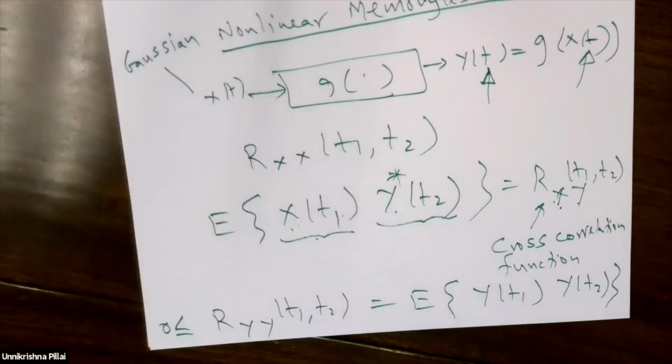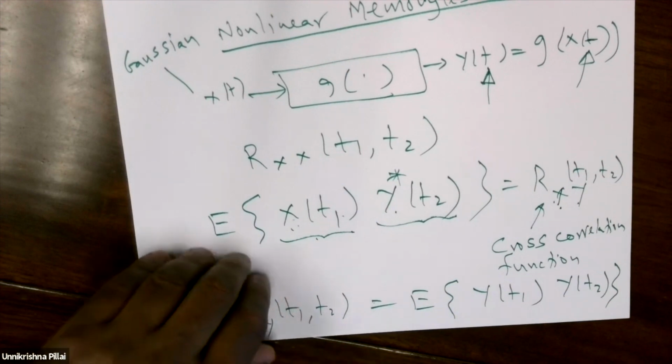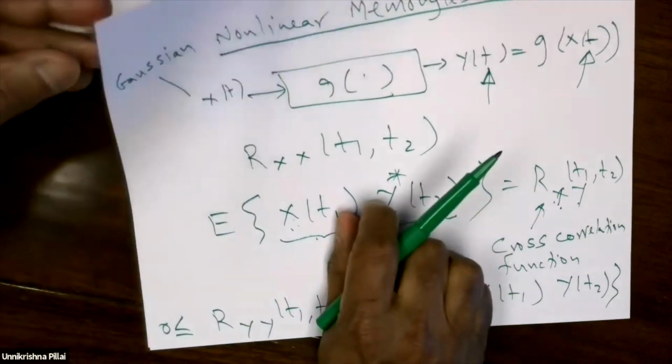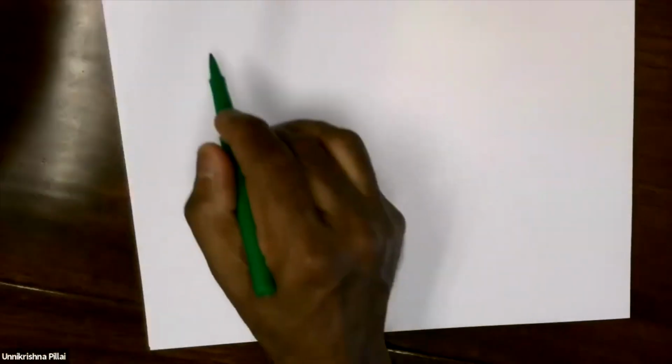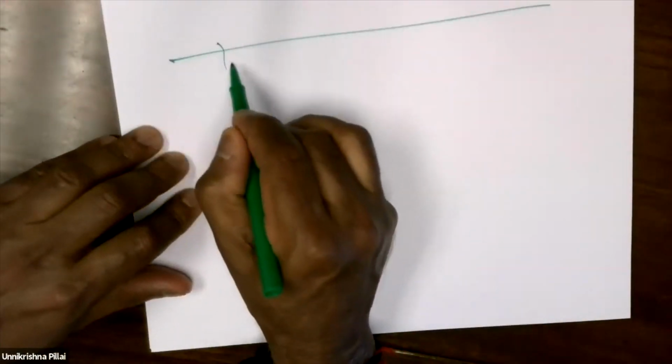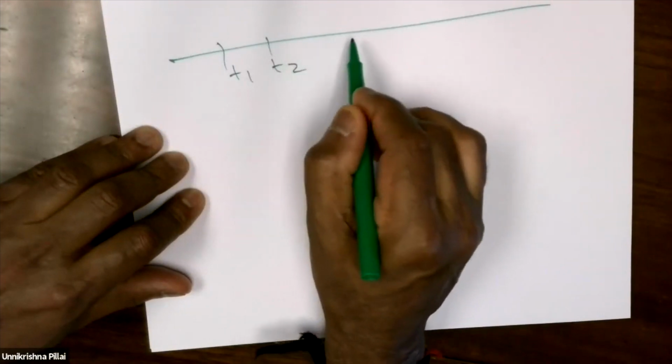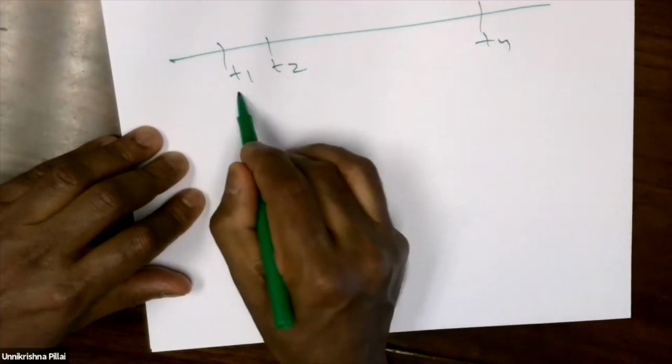Do you remember what a Gaussian process is? Anybody? Yeah, like all the x that we derive from different time instances are jointly Gaussian. So how do you define a Gaussian process? If x of t is Gaussian and I take time instances t1, t2, tn, how do you define Gaussian?